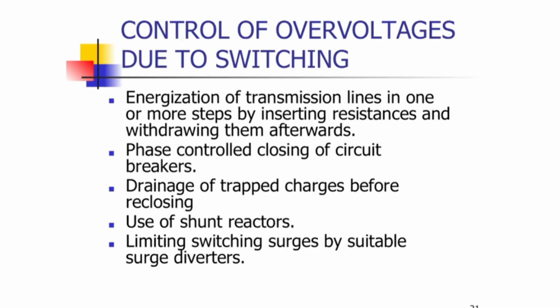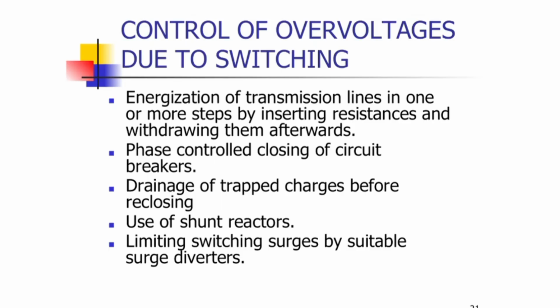Then how to control the overvoltages due to switching? These are the points that come under this. The phase-controlled closing of a circuit breaker will reduce the overvoltages. Then the drainage of the trapped charges before reclosing. That means we want to drain out the charges before reclosing, or use a shunt reactor to compensate the capacitor effect, or limit the switching surges by switching dividers.